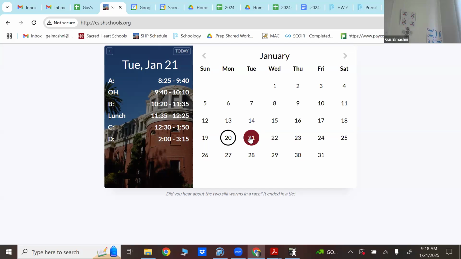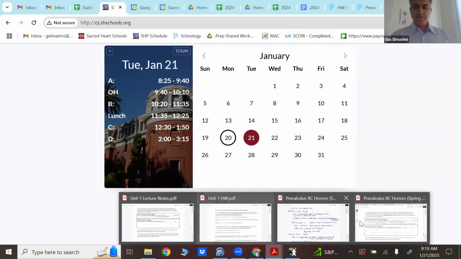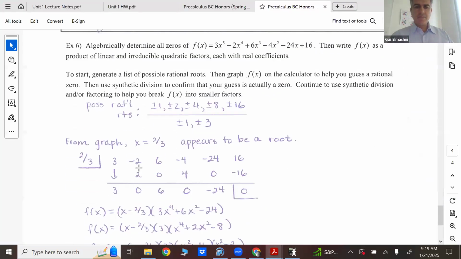I know that one of the answers is negative root 2 and another is positive root 2. So I can multiply them together, and then I can divide the rest, because I know there has to be another zero. There's going to be some irrational zero. So you divide the whole thing by x plus root 2 times x minus root 2.